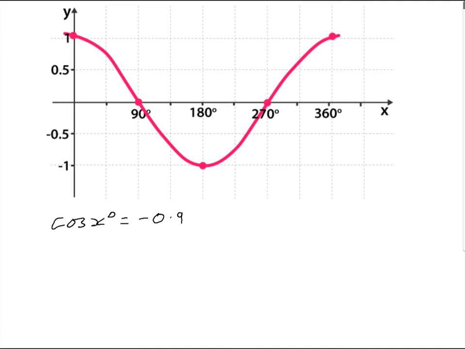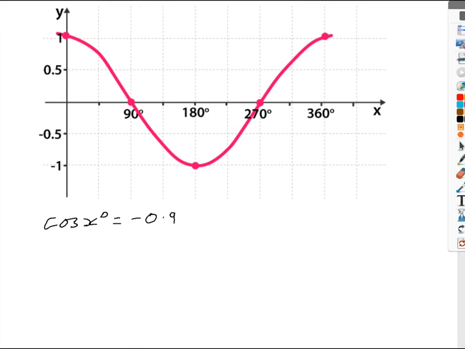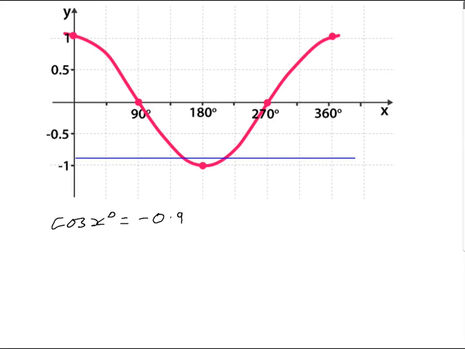It doesn't have to be a perfect sketch, but I always find it helpful to draw a little sketch. So negative 0.9, just going to be round about here. So we're going to have two possible solutions. One roughly here and one roughly there.